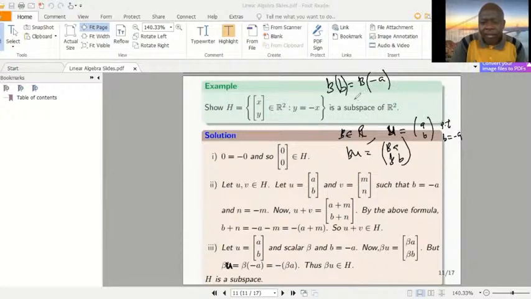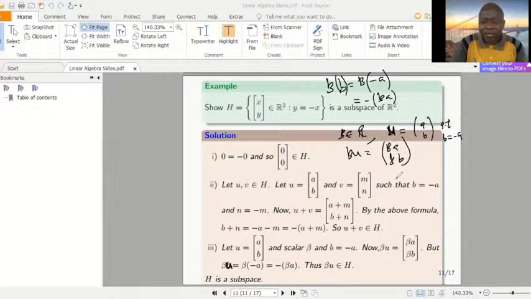I can use associativity and commutativity to write this as beta, so the negative comes out. So I've just shown that beta times B is the same as negative times beta A. So this second element is the first element times negative.